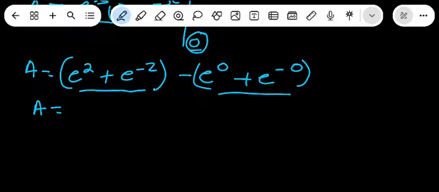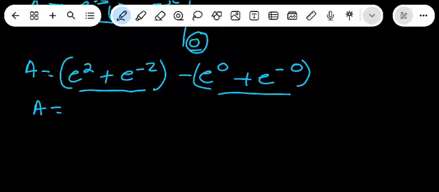We have e raised to the power of 2 plus e raised to the power of minus 2, minus, obviously e raised to the power of 0 is simply 1. We have 1 plus 1.